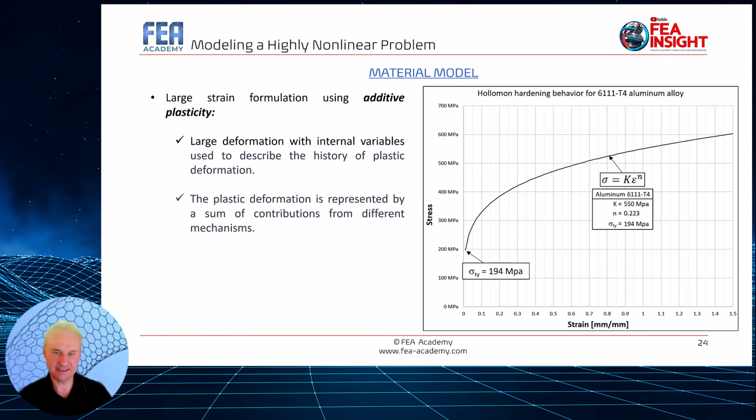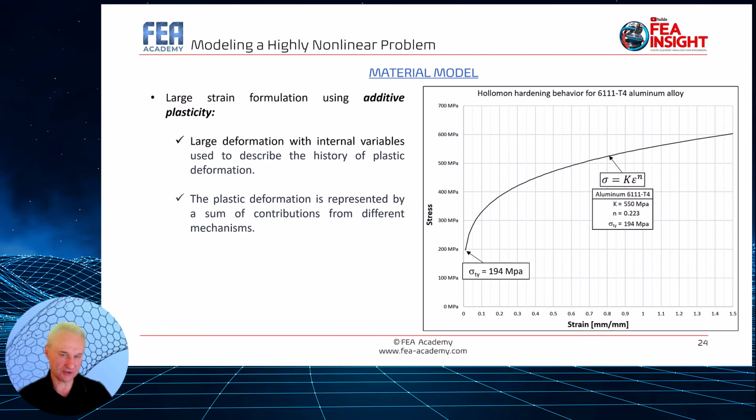Additive plasticity is a specific type of large strain formulation in which the plastic deformation is represented by a sum of contributions from different mechanisms such as isotropic and kinematic hardening. This approach is particularly useful for simulating the behavior of material in metal forming.